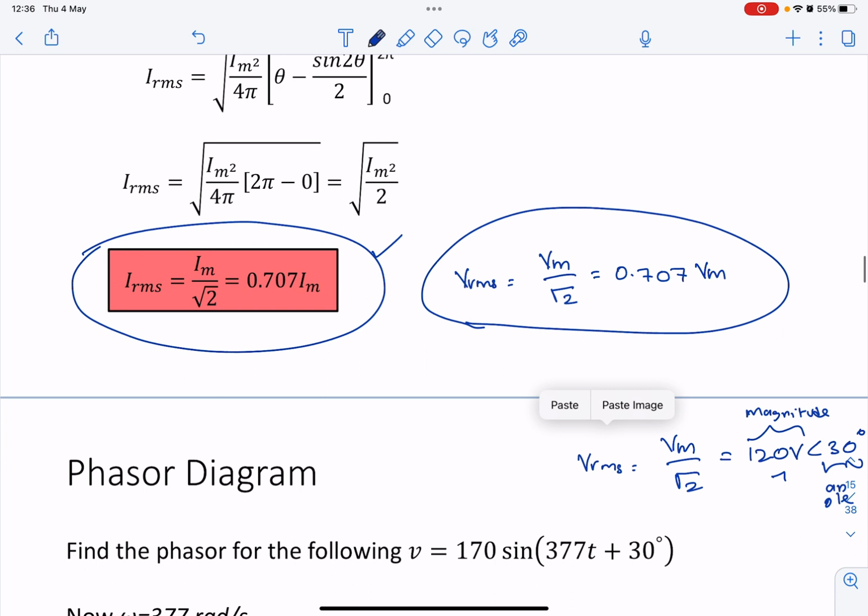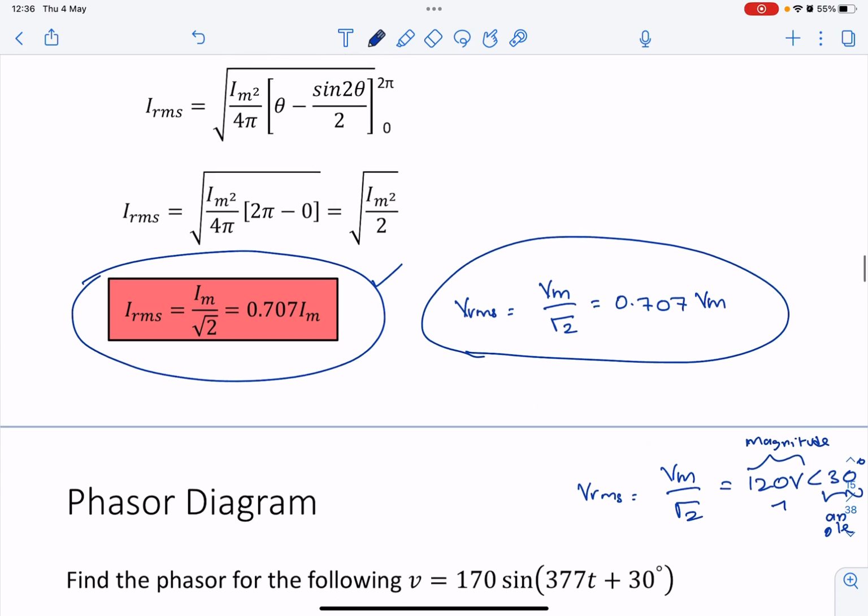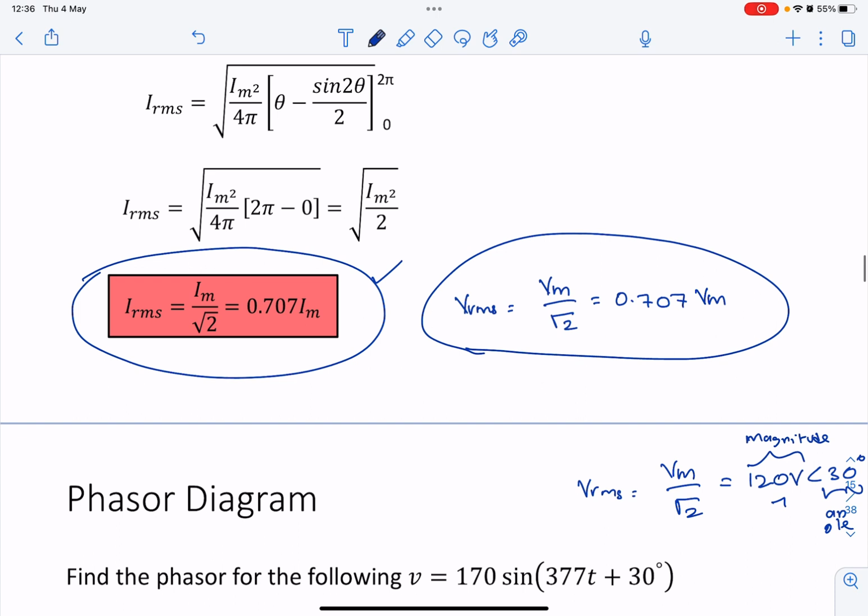So the formula for root mean square is this one. This formula only applies to sinusoidal waveform. So IRMS is equal to IM divided by root 2, and for voltage, VRMS is equal to VM divided by root 2.